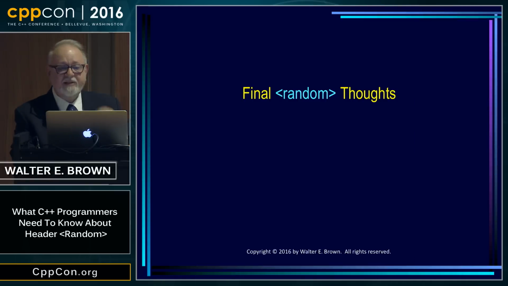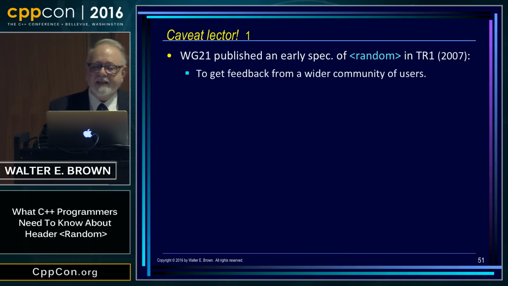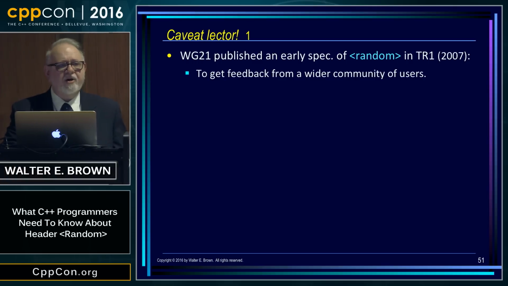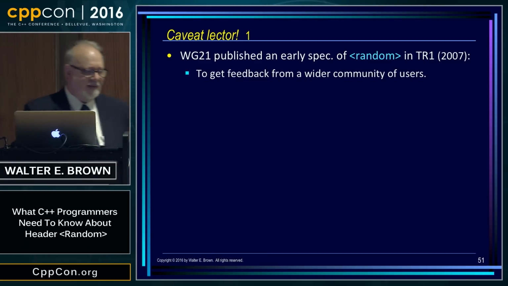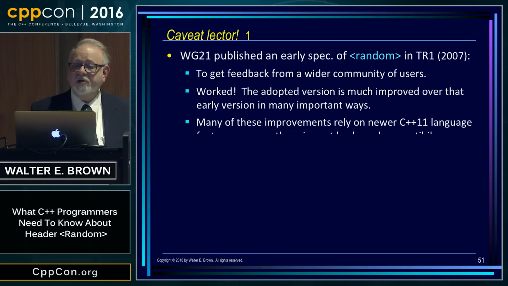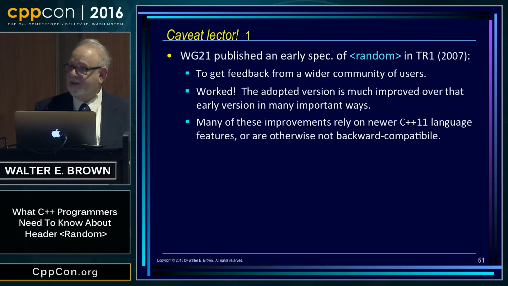So, a couple of very fast closing thoughts. Please be wary of resources that you find in random places. The original spec of random was part of Technical Report 1, which was dated 2007. Why did we do that? Because we wanted feedback from a wider community of users, and boy, did we get it.